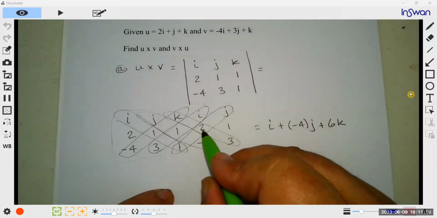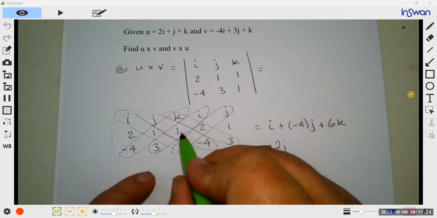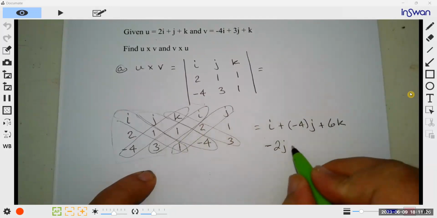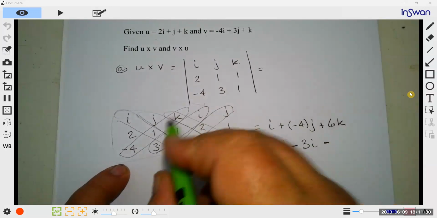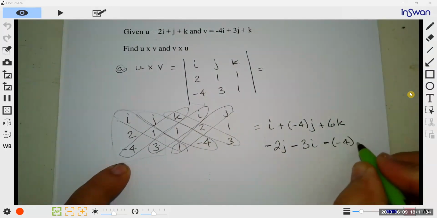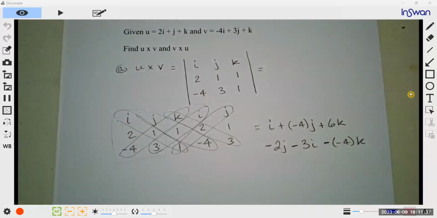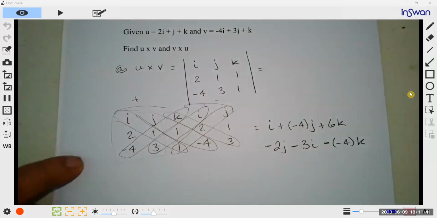So again, 2 times 1 is 2j. 1 times 3 is 3, so it's minus 3i minus negative 4k. So these ways are positive, these ways are minus.